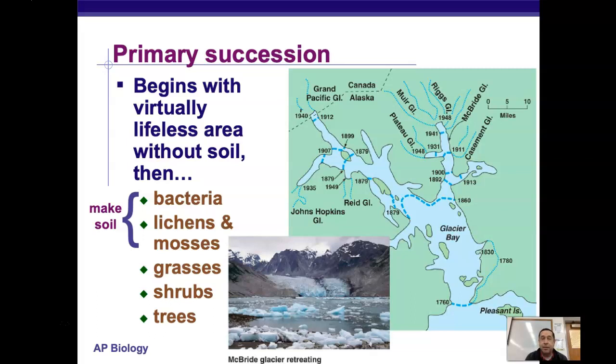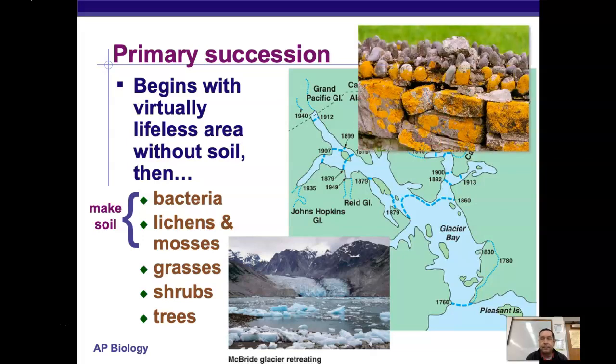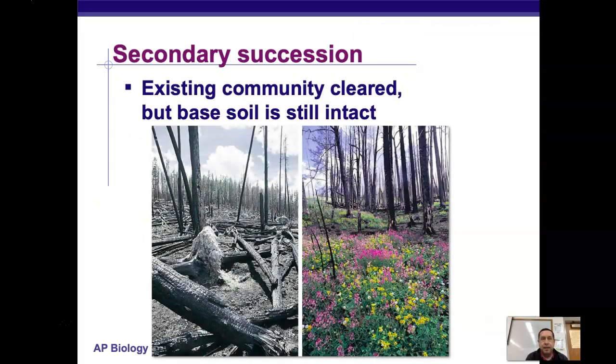They break some of the rock down and start making soil, which allows for grasses, which then changes the environment to where maybe shrubs and even trees might be able to grow depending on what biome you're in. Secondary succession happens when an existing community is cleared, but the base soil is still intact, like a forest fire comes through.